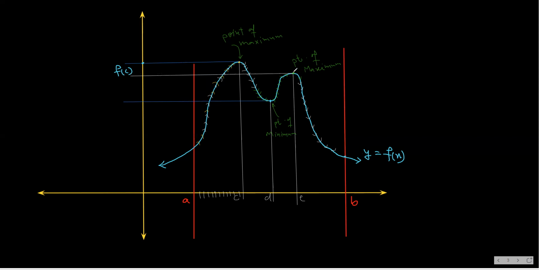For the value of f(x), I will see the y-axis. And at what values I'm getting those function values, for that we will see the x-axis. So at x equals e, the function has a maximum. What is that maximum? f(e). Now at x equals d, the function has a minimum, and it is f(d).